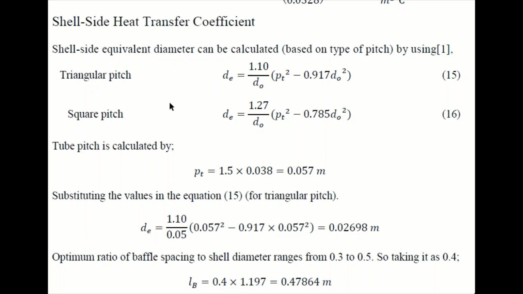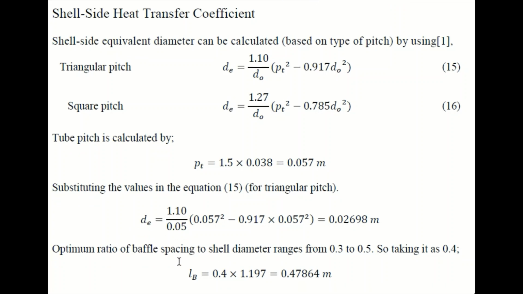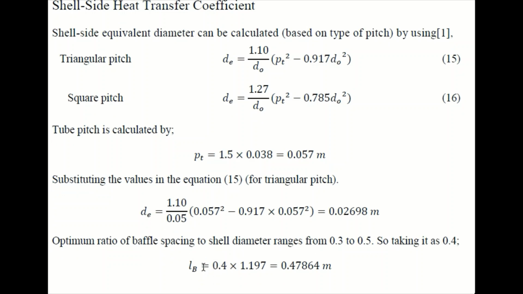Then after substituting these values, since we already selected the triangular pitch, we will be using this equation, so we can calculate the shell side equivalent diameter. Then we need to calculate the baffle spacing, which is 0.3 to 0.5 times the shell diameter. So we have taken 0.4 value, so we can calculate this baffle spacing.